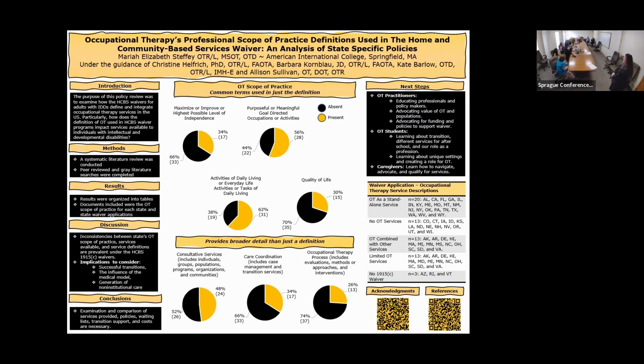Perfect. Do you propose then that this be something that goes to the federal level so that it's standardized across states? I would love to see that, but I think there are a lot of steps, because some states don't even, I think it's a ground up more than a top down kind of thing right now, because the people who recommend occupational therapy services right now are care management.